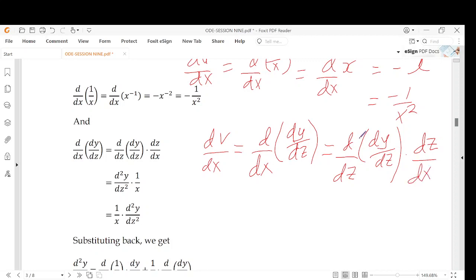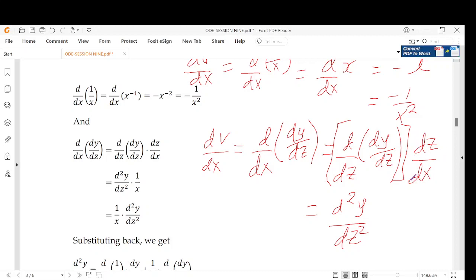Notice that this is not different from what we have here, because if we cancel out dz with dz, we have d by dx. But we are not going to cancel because we want to evaluate this. So the quantity inside the brackets now becomes d squared y by dz squared, times dz by dx.